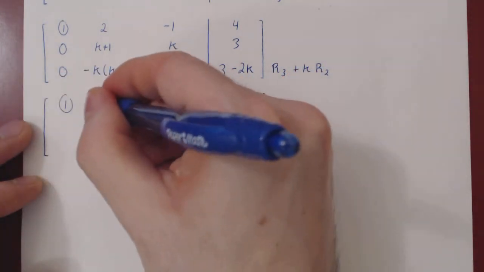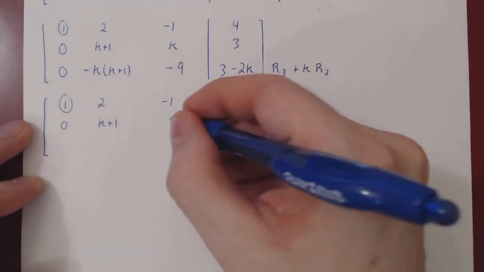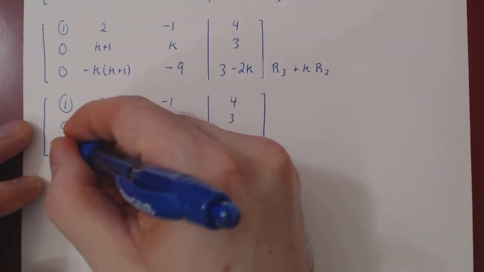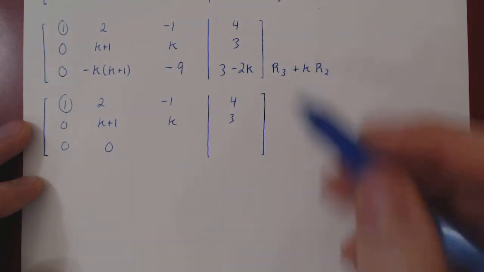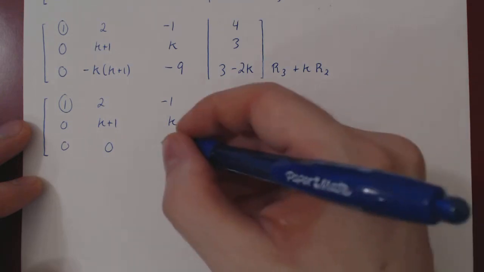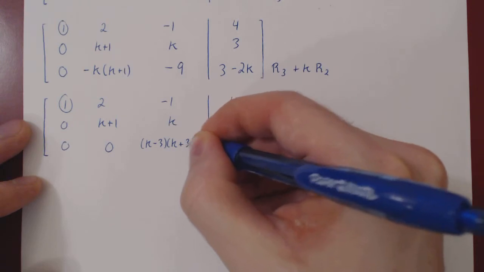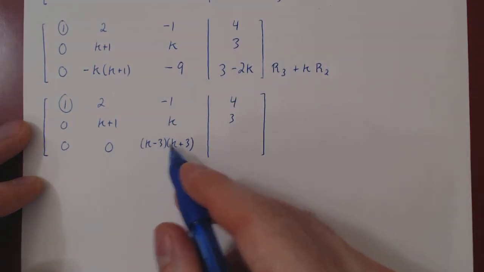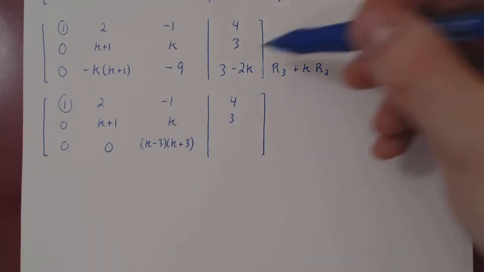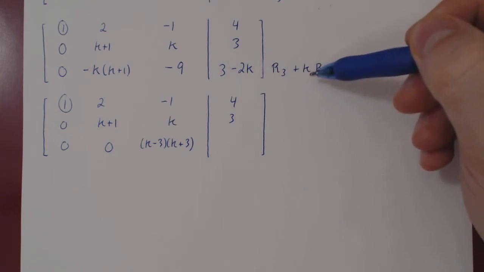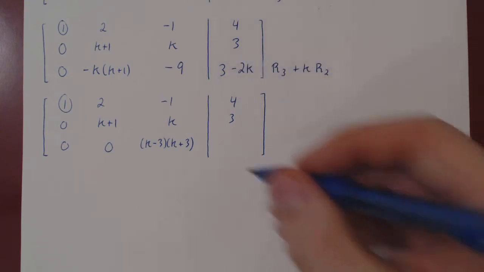So we get 1, 2, negative 1, 4, 0, k plus 1, k and 3, 0, 0, negative 9 plus k times k is k squared minus 9, which we can factor as k minus 3, k plus 3. Difference of squares. k squared plus 3k minus k is 0, minus 9, k squared minus 9. 3 minus 2k plus k times 3, well 3k minus 2k is k, and so we're left with k plus 3.